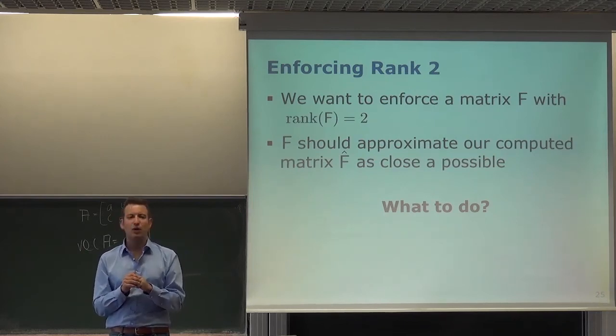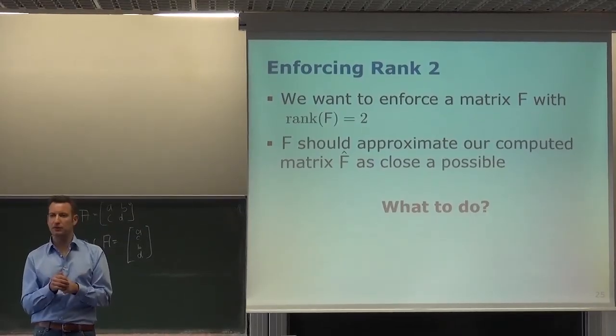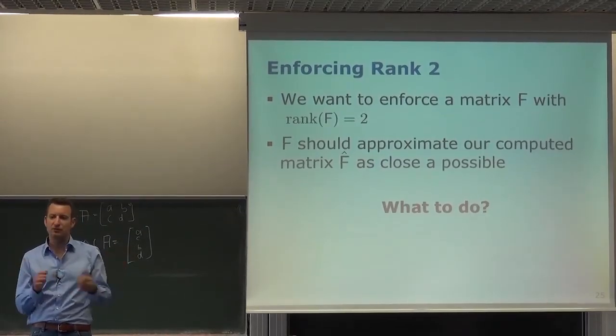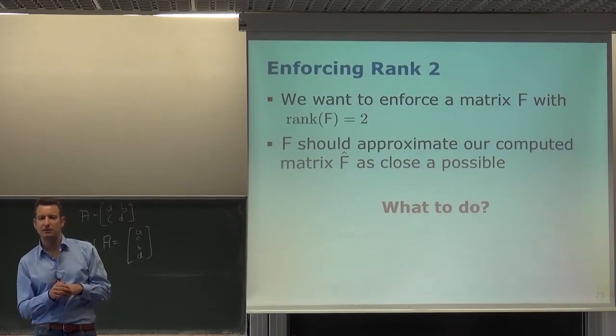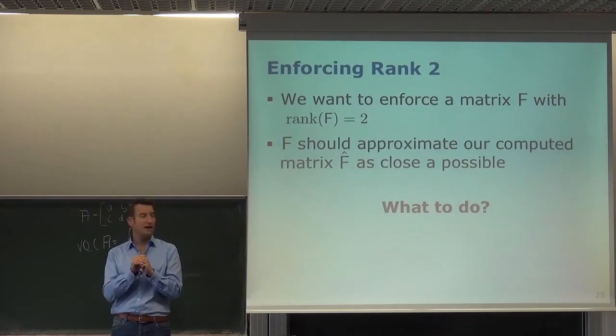So it's very likely that one of the singular values is very close to 0, but not 0, and the two others are likely to be larger. So what I can do is replace the matrix F hat by a new matrix F by setting this one singular value which is close to 0 to 0.